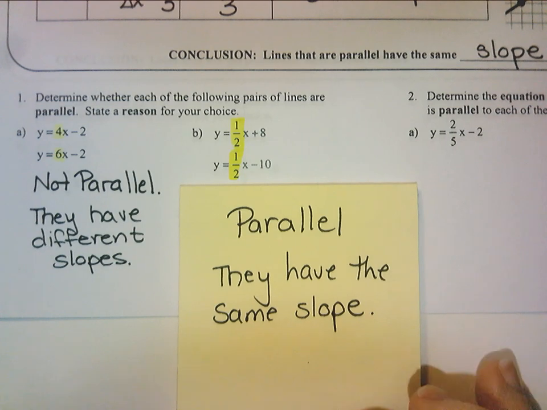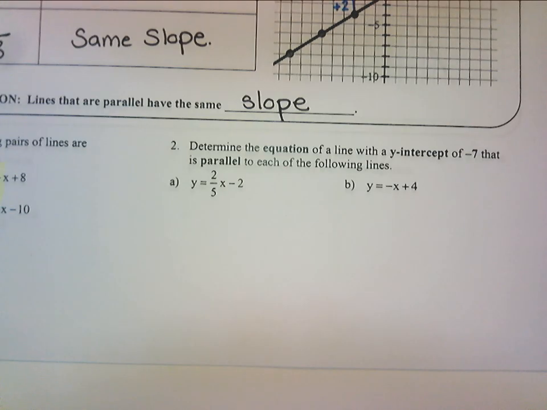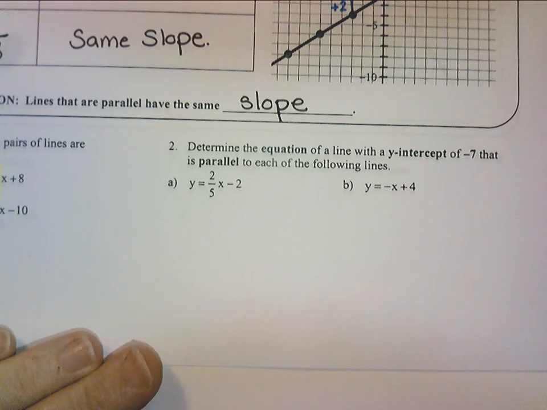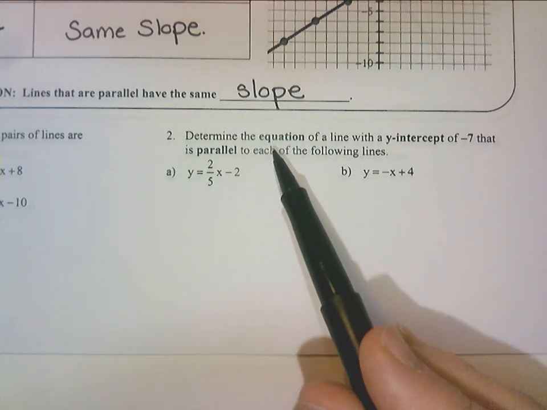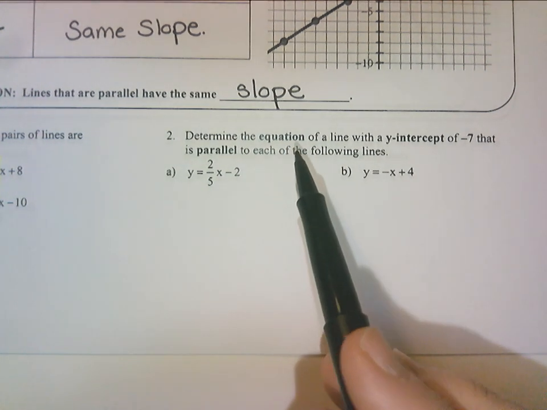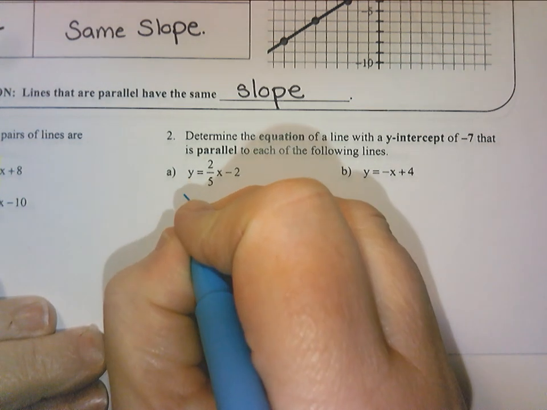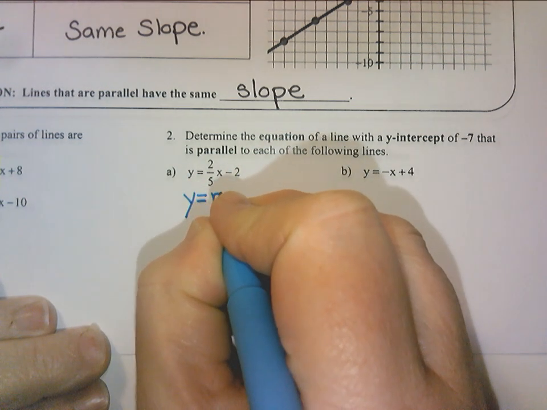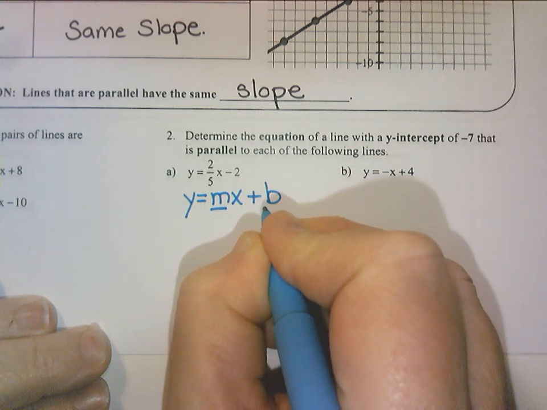Okay, we have one more question to try. It says, determine the equation of a line with a y-intercept of -7 that is parallel to each of the following lines. Anytime we are asked to do the equation of a line, we are being asked to do y equals mx plus b, and we want to fill in numbers for m and b.